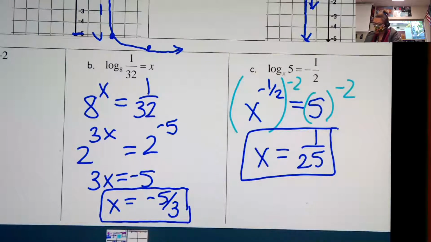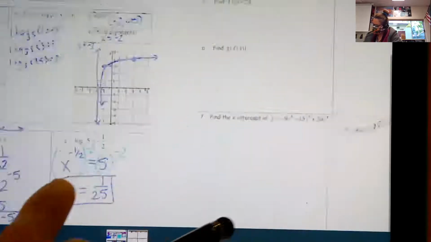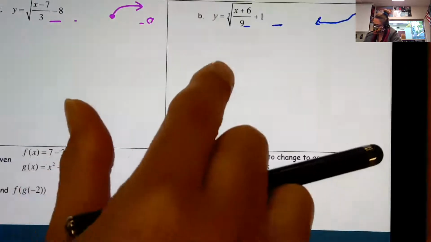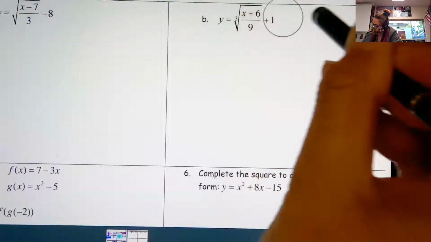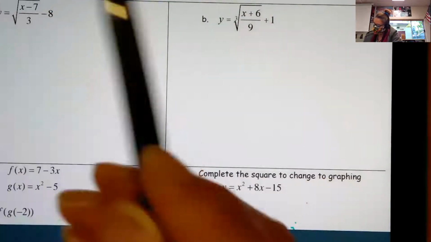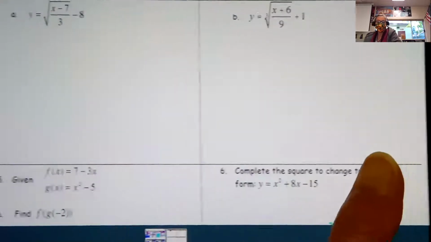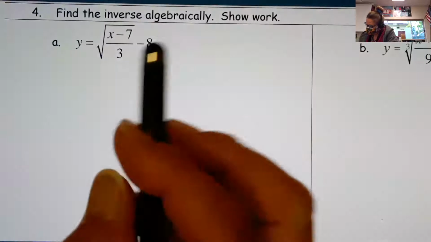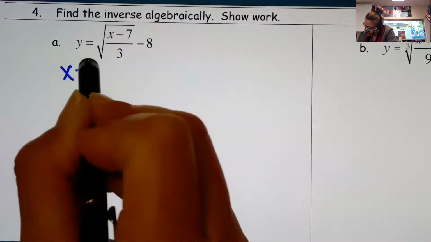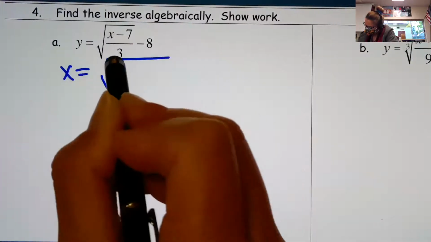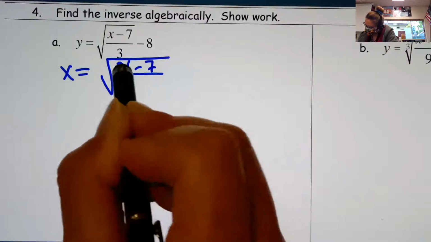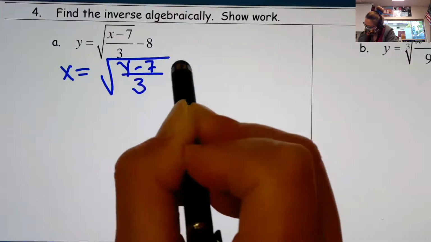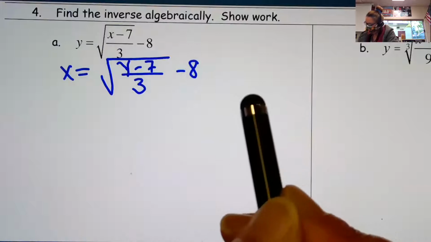Okay. Now, next page. So on these ones, we're trying to find the inverse. So I'm going to switch my x and y. So I'm going to write x equal square root of y minus 7 over 3 minus 8.